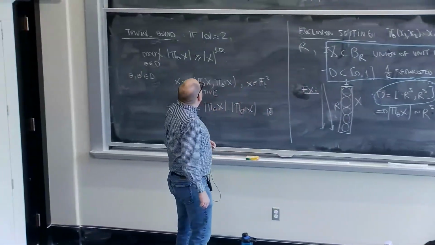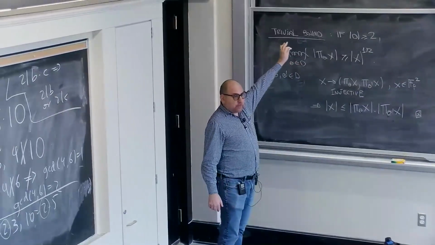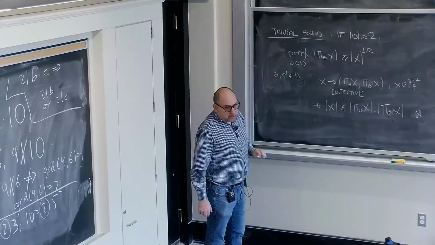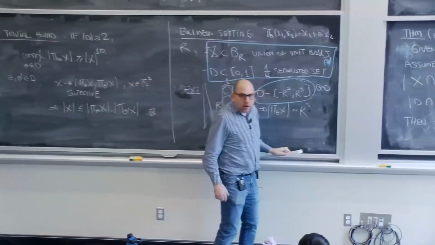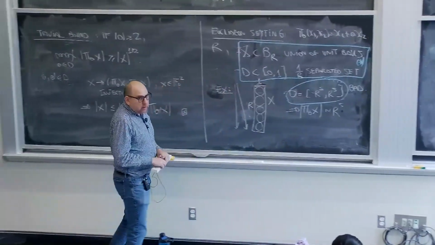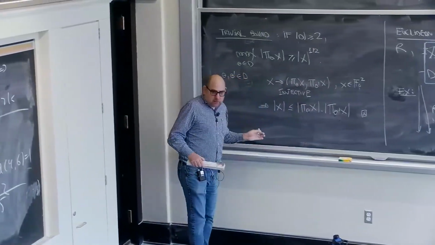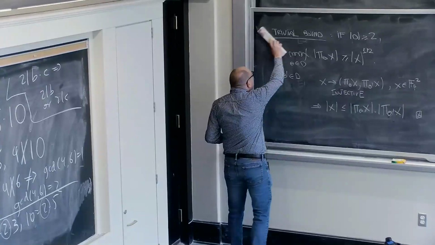OK, so the general scheme will follow the steps that you've seen in the finite field setting, but there are very significant challenges. So what I'm going to do is go over each of the steps and explain what the challenges are and what one can do to fix them. And then you will have to trust me that, indeed, they can be fixed. So I won't go into the details.